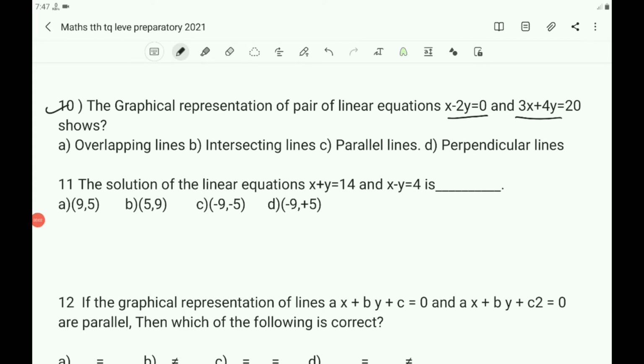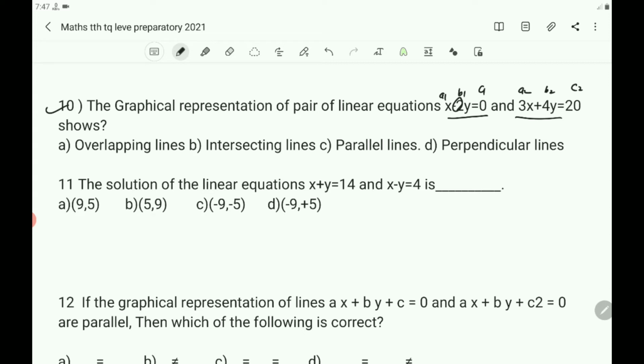To find the nature of the graphs of the pair of linear equations, take the coefficients. Here a1 is 1, b1 is minus 2 and c1 is 0, and a2 is 3, b2 is 4 and c2 is minus 20.